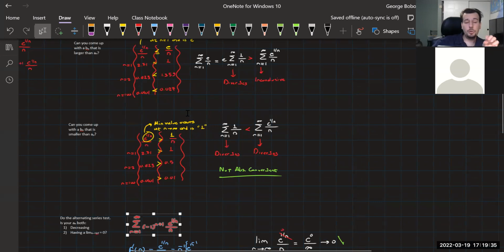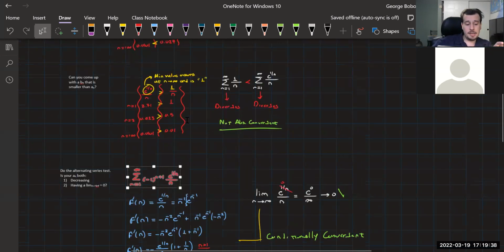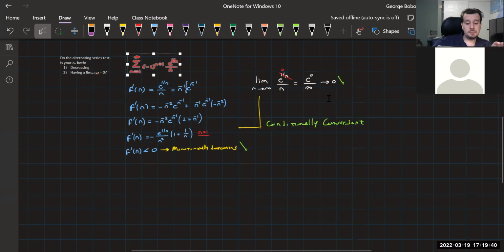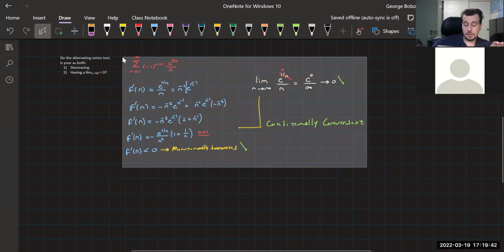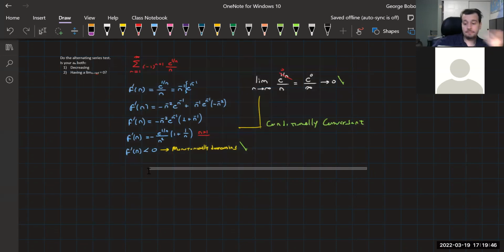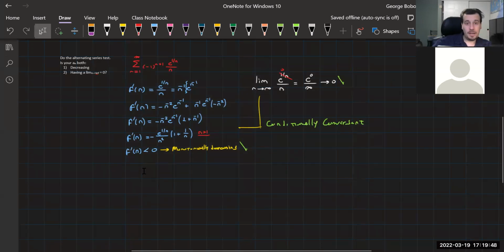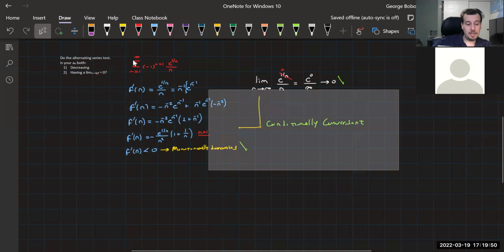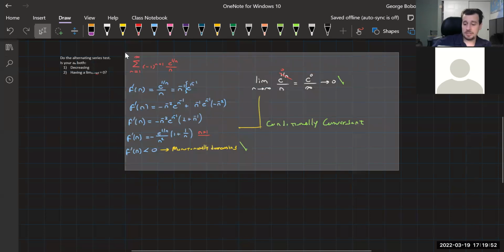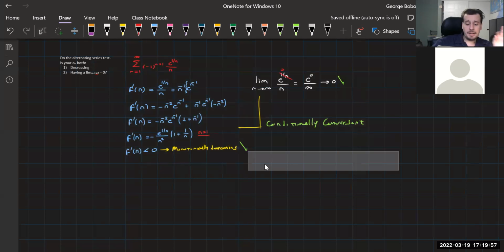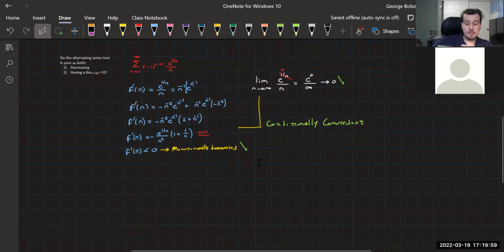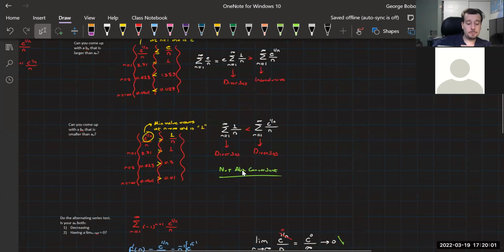However, the only time where you would do a little bit of extra work is if this failed. If this failed and you got that it diverged, obviously it won't absolutely converge, right? You failed the alternating series test, so immediately you can say that it diverges. But it's safer, in my opinion, to always start with checking the absolute convergence.